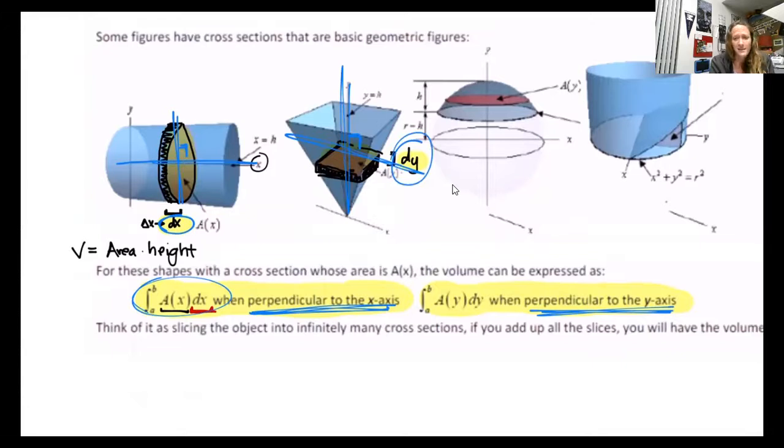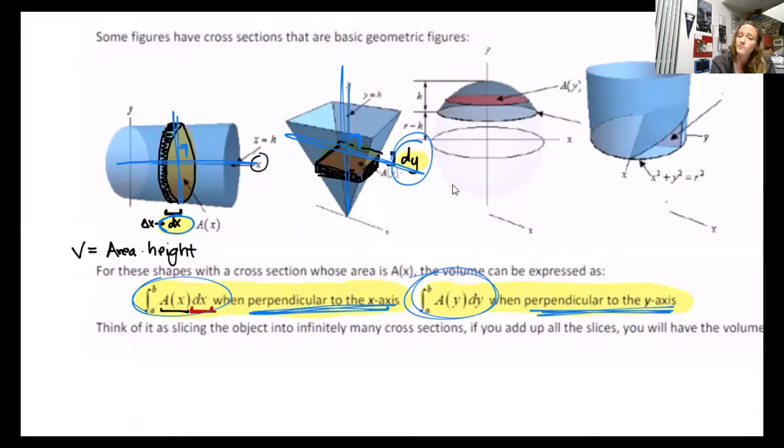If you get the concept of when is it dx, when is it dy: am I slicing this way against the y, so it's going to pop up in a dy fashion like you can see on the picture, or is it the other direction, where I'm slicing perpendicular to the x-axis? With that slice, what pops out is going to be a horizontal depth, the dx.